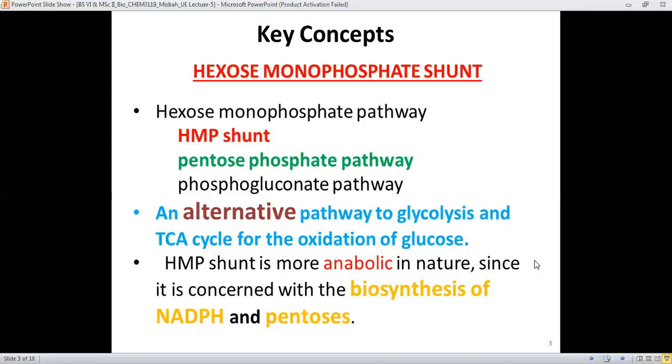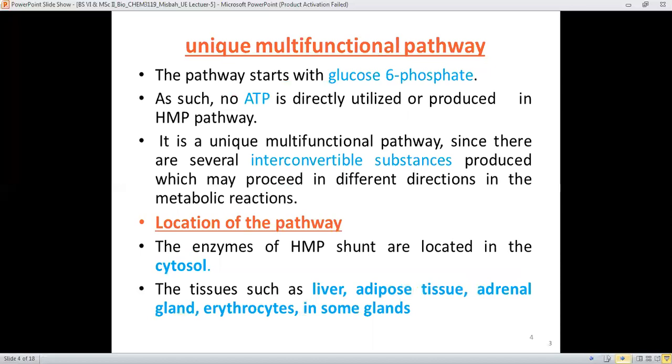HMP shunt is more anabolic in nature because it's concerned with the biosynthesis of nicotinamide adenine dinucleotide phosphate in its hydrated form, or you can say the reductive form, and many pentose sugars. It's a unique multifunctional pathway because this pathway starts with glucose 6 phosphate.